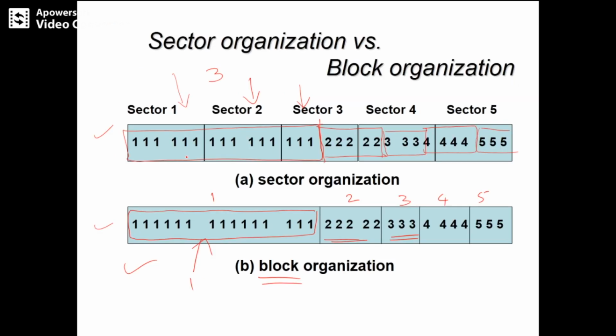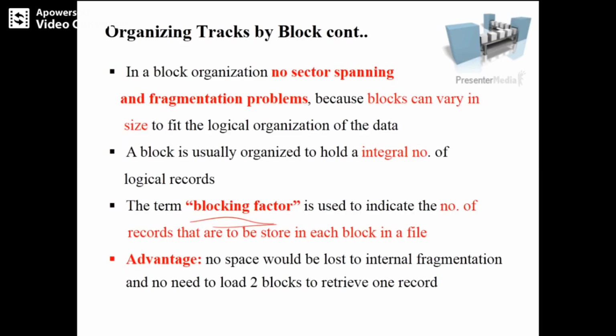As I told, there is no space wasted. We are continuously storing it. No space is lost. Internal fragmentation is not there. And also the number of seeks will be reduced. No need of reading two or three different sectors in order to read one record, right? So the number of seeks are less, and no space will be lost. That is the advantage of block organization.